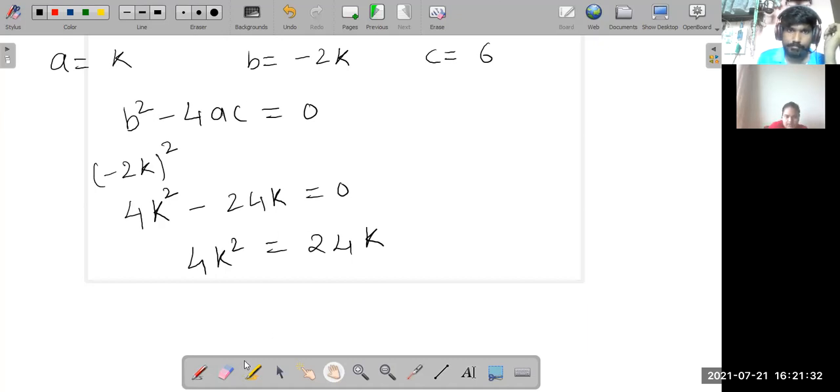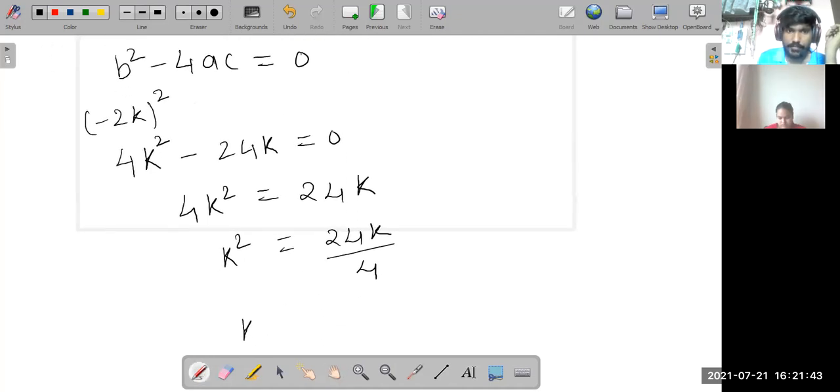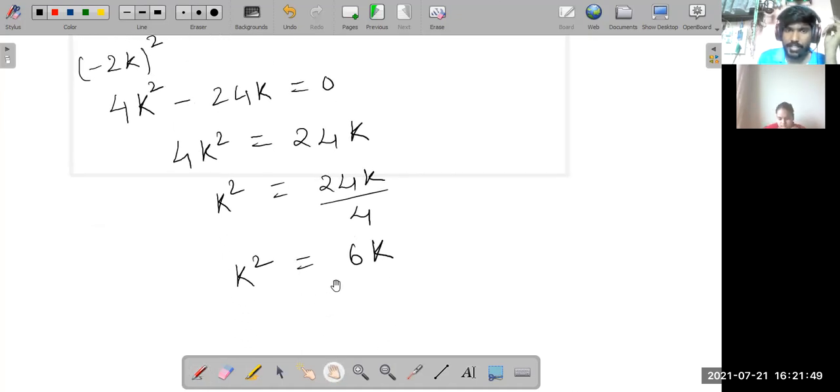k square equals 24k upon 4. So you'll get k square is equal to 6k. Now note one more thing: here you have 2k and here you have 1k.